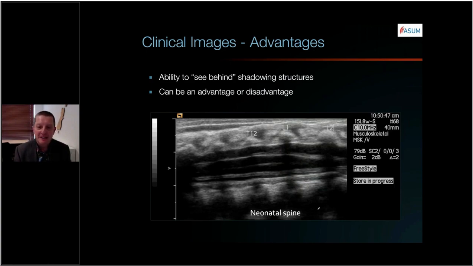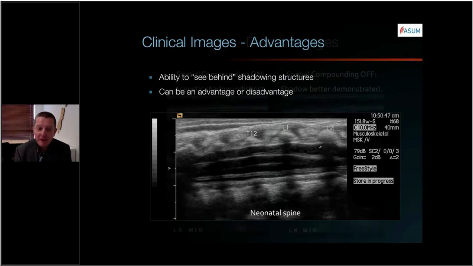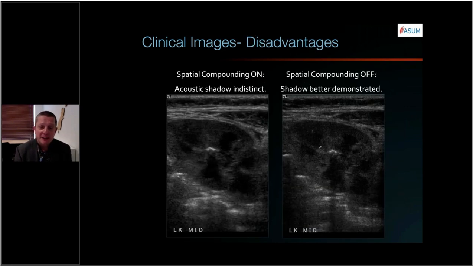This is a tremendous advantage, particularly in applications where shadowing can occur and it cannot be circumvented. However, it's also important to recognize that shadowing sometimes is your friend, and it's a diagnostic criterion, for example, calculi, microcalcifications, and so on.